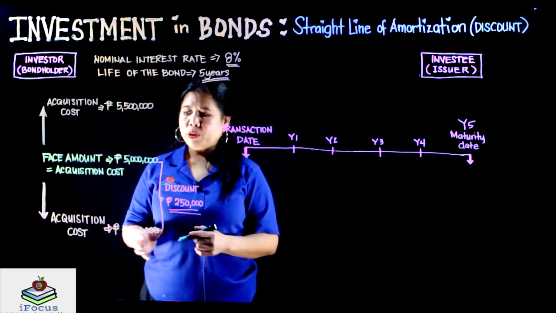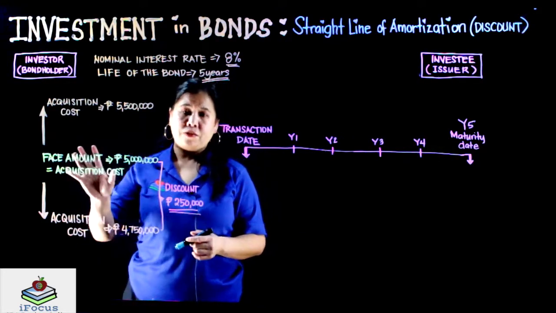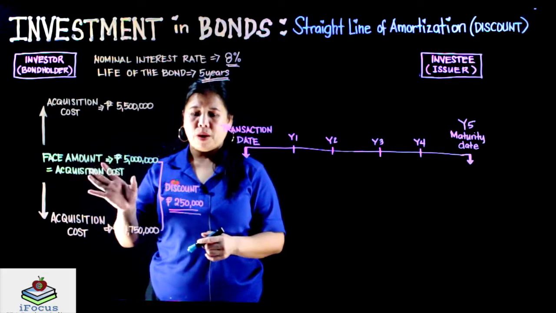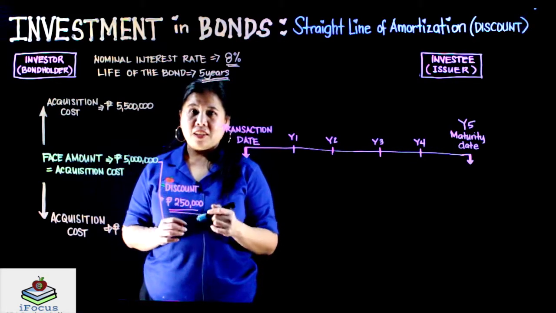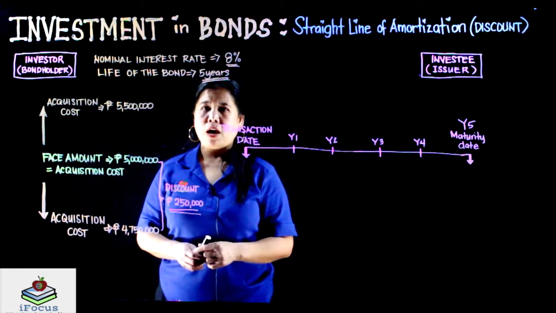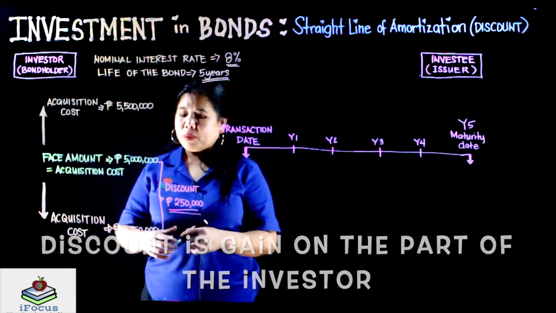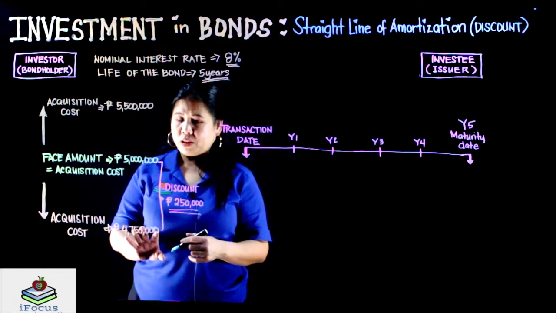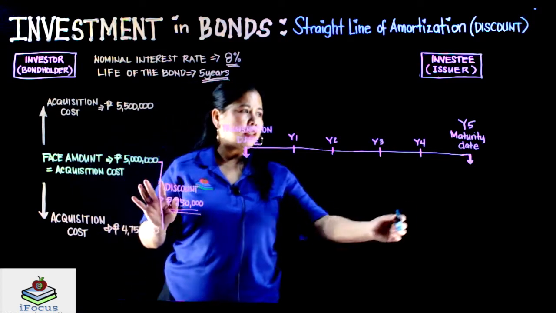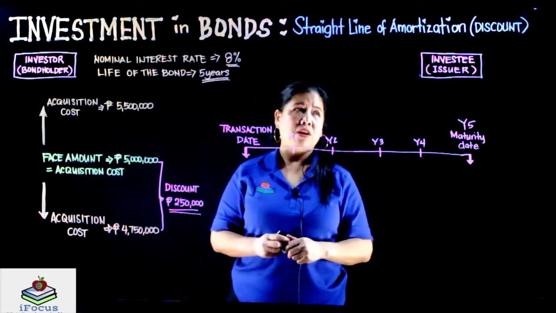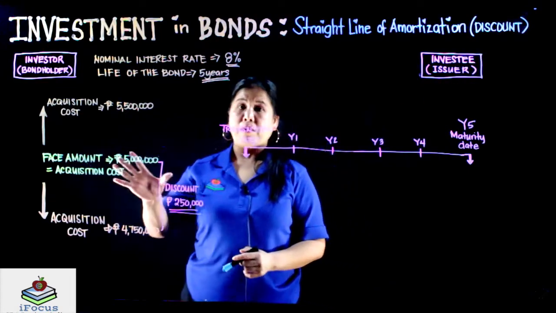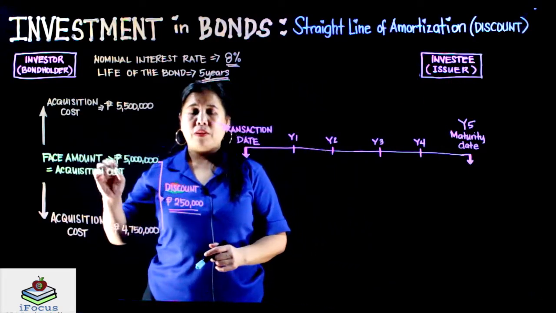The difference between the acquisition cost and the face amount of this bond is called the discount. This discount is a gain on the part of the investor, because he bought it for 4,750,000 but at maturity date, what he will receive from the investee is 5 million, the face amount of the bonds.